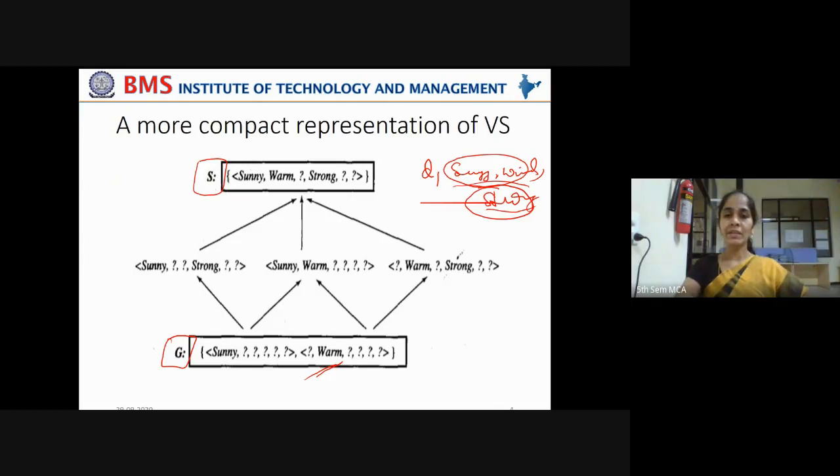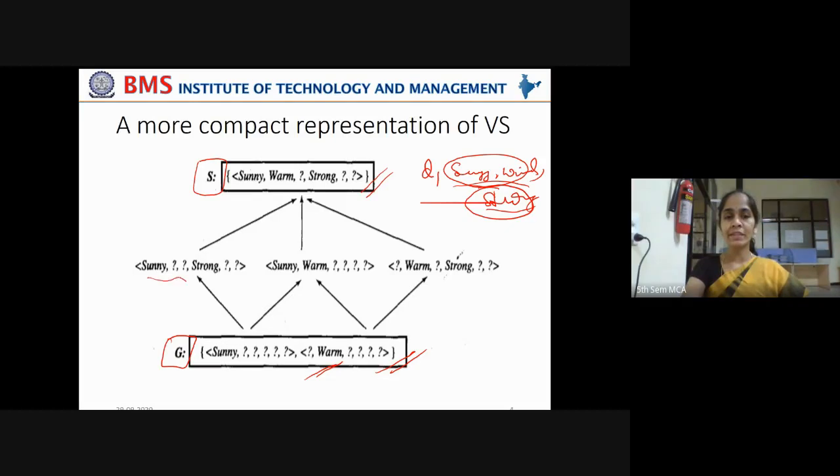But for now, let us understand what the boundaries are. G is the general boundary of the version space and S is the specific boundary of the version space. Means no other hypothesis is more general than this hypothesis and no other hypothesis is more specific than this hypothesis. That is what we mean by the boundary set.